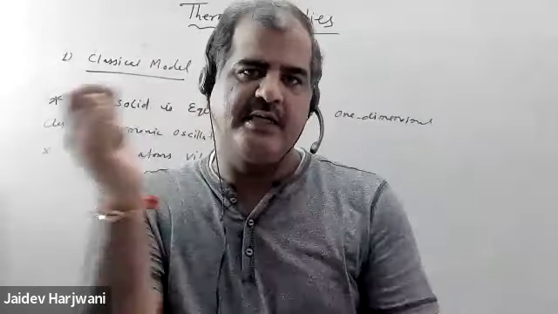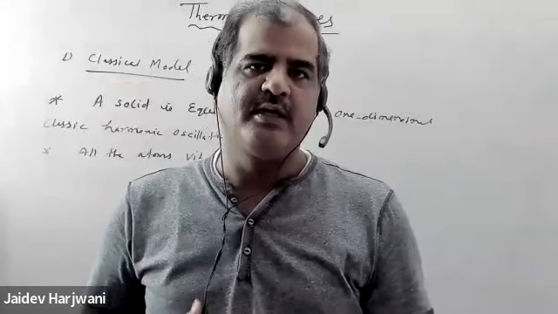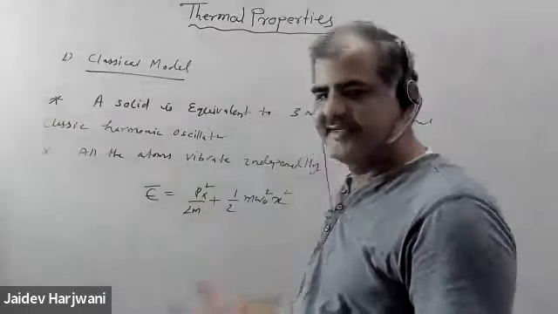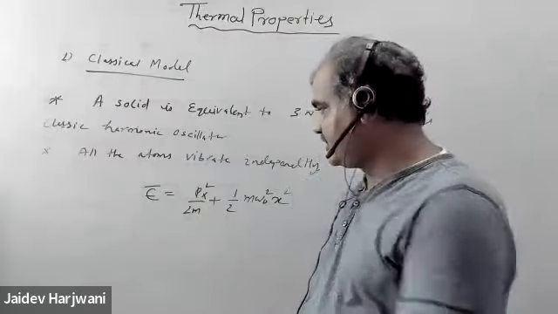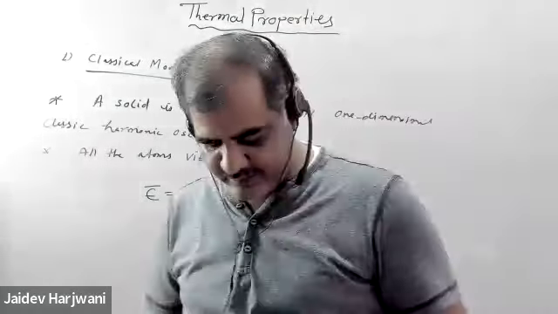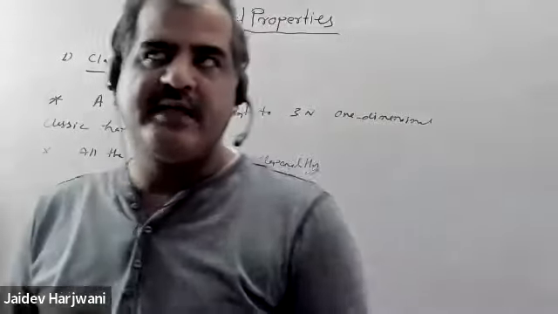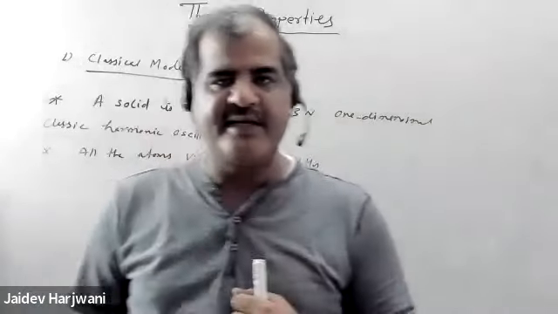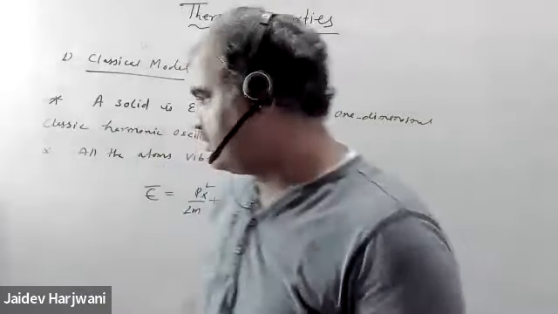It is free, only restricted in one dimension. But for a harmonic oscillator, the degree of freedom is 2. And the equipartition theorem says that for each degree of freedom, the energy is half kT.